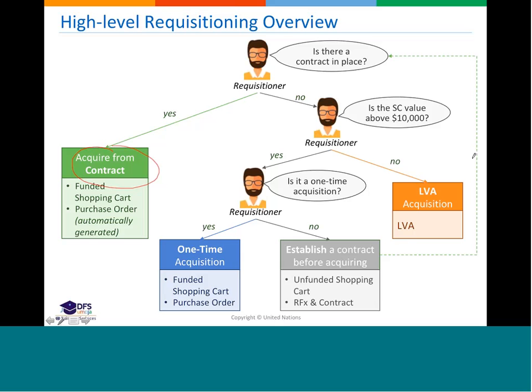So we're going to see later on, it will be at the stage of issuing the items out of the inventory where we will charge the project. To sum up, the shopping carts that are for services will be assigned directly at this stage to the WBS. The materials, the goods, will be assigned to the WBS at the stage of issuing them out from the inventory.